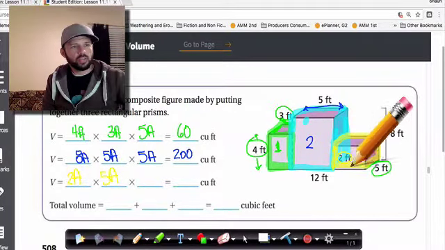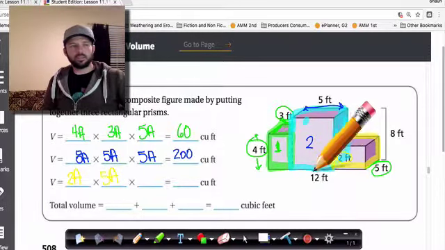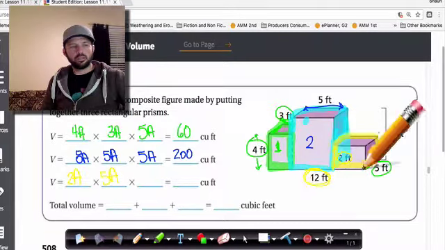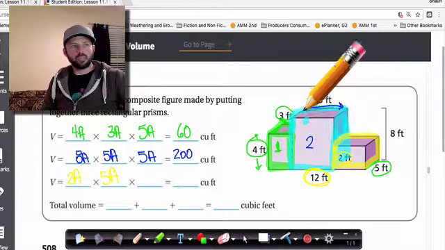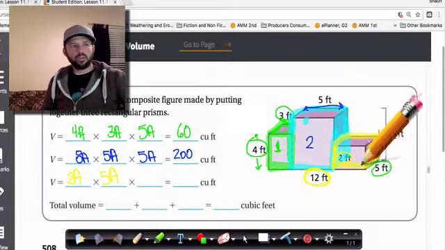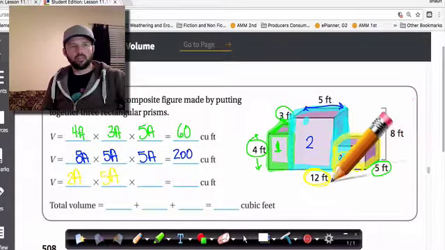Now we just got to find the length. The length is this guy here. Now it doesn't say what it is, right? But I do have my total length here of 12. Okay? And then I do have the length of this guy and this guy, so 3 and 5. So whatever's left over is going to be the rest of it, right?